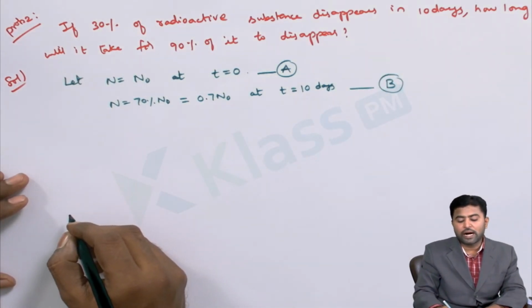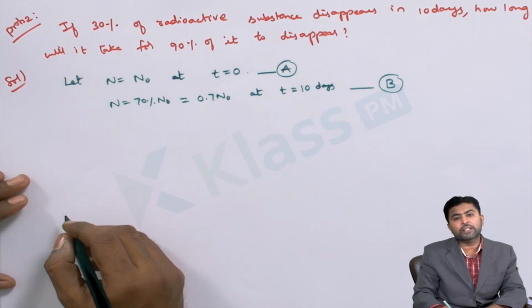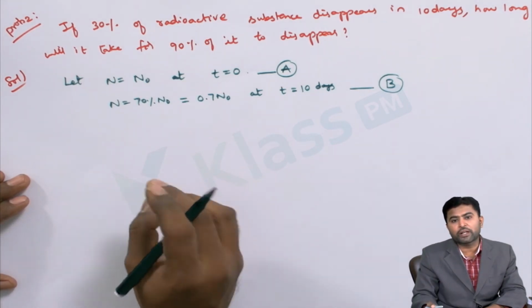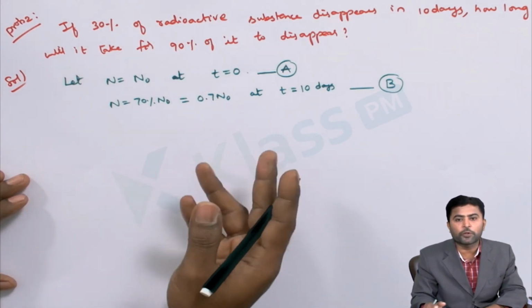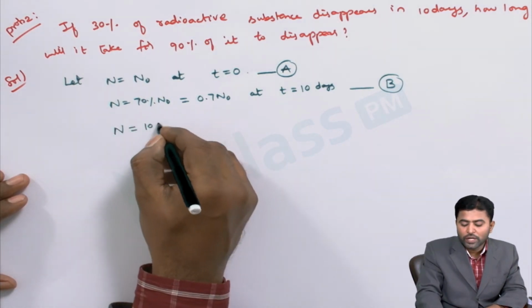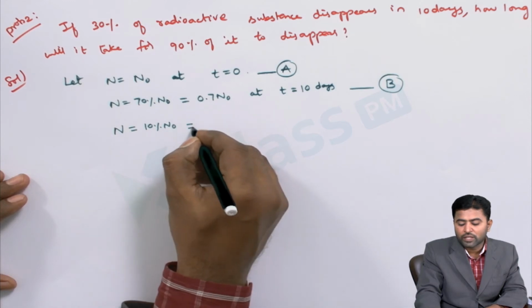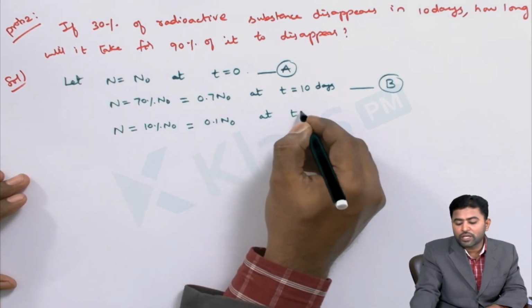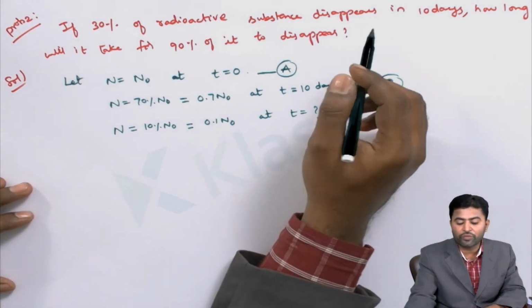Then the question asked is, how much time will it take for 90% of it to disappear? 90% of it to disappear is the same as 10% to remain. So I'll write it as n is equal to 10% of n naught, which is equal to 0.1 n naught at time t equal to question mark. Is that clear what we have written?